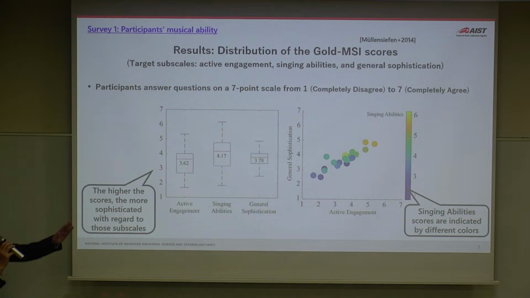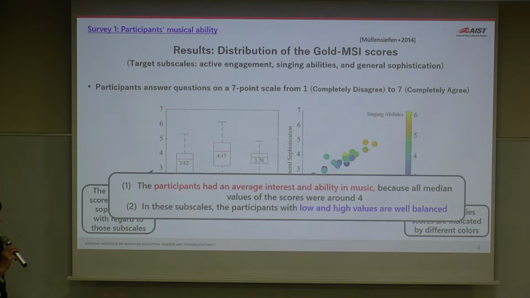You can see the relations between active engagement and general sophistication. Based on the result, the participants had an average interest and ability in music, because all median values in the left figure were around 4. And in these subscales, the participants with low and high values are well balanced.